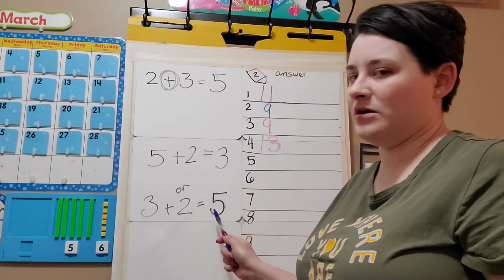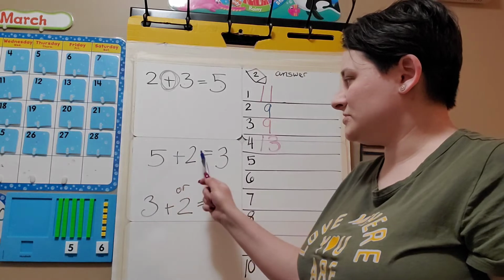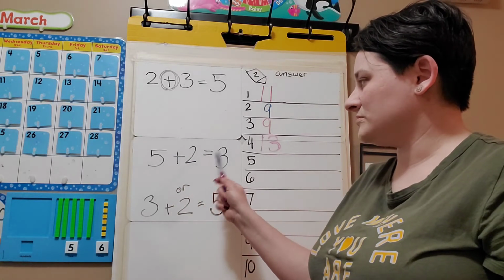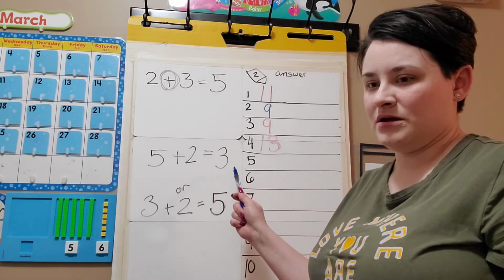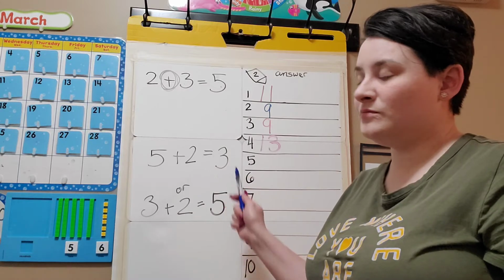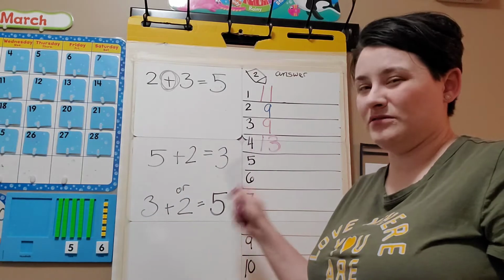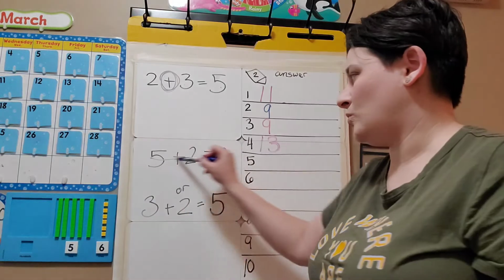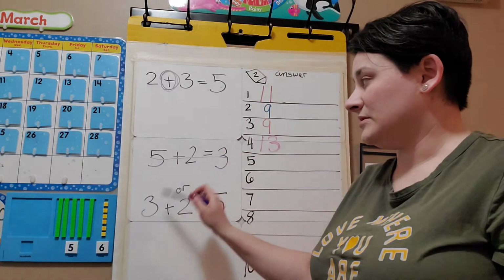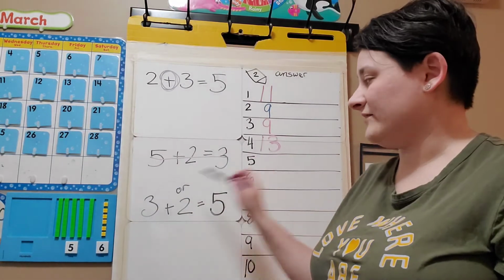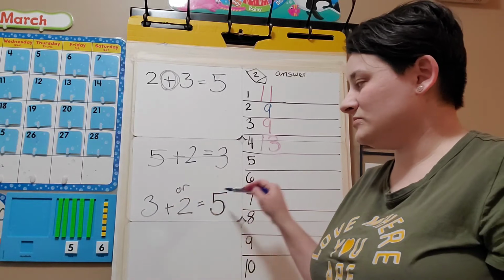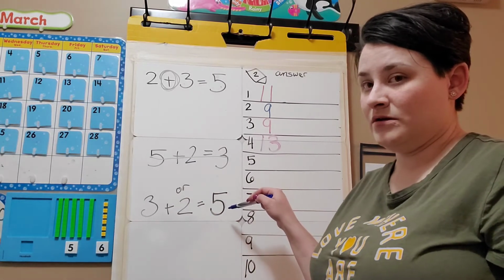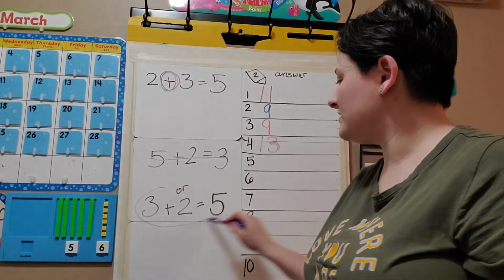So let's check our work. 5 plus 2 equals 3. Does 5 and 2 more make a number less? No. 5 plus 2 would really make 7. So is 3 plus 2 5? Yes, it would be this one.